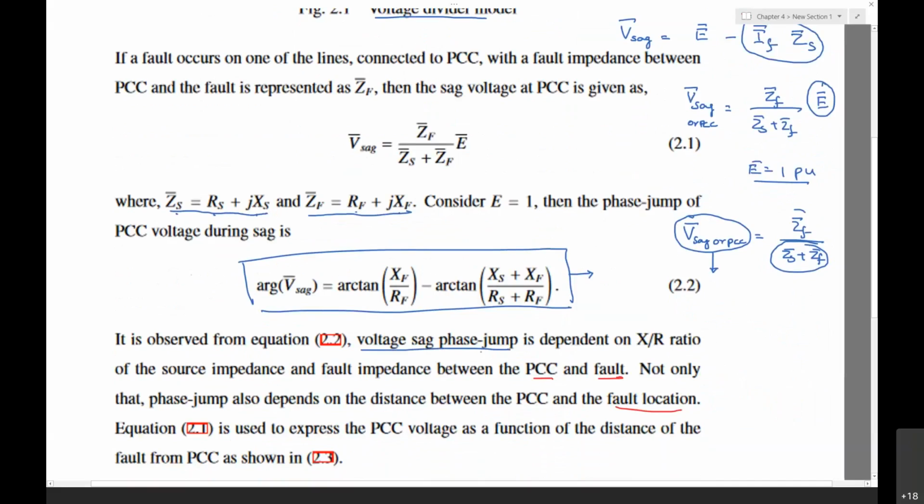The voltage sag phase jump is dependent on the X by R ratio of the source impedance and the fault impedance. The fault impedance is between the PCC and the fault. What I mean to say is that this ZF, the fault impedance, is between the PCC and the fault, so the fault location from the PCC is also a factor.